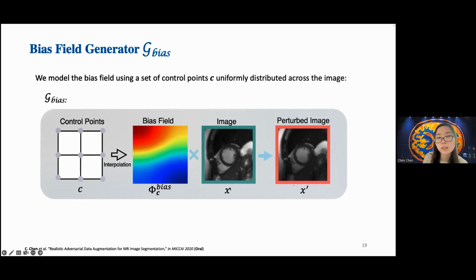Then we multiply it with the image to get augmented images. Normally we can treat it as a random augmentation each time, but we are not limited to that. We try to identify the model weakness by generating adversarial bias fields.